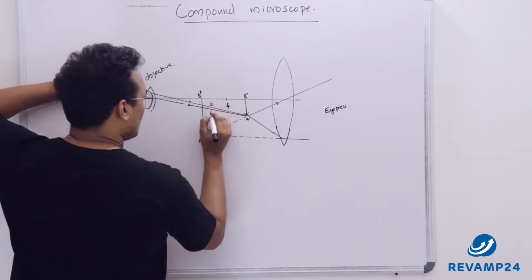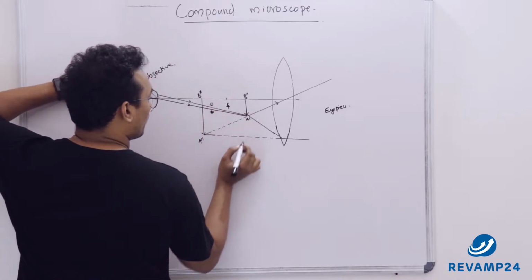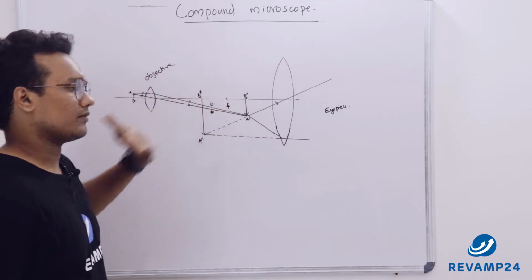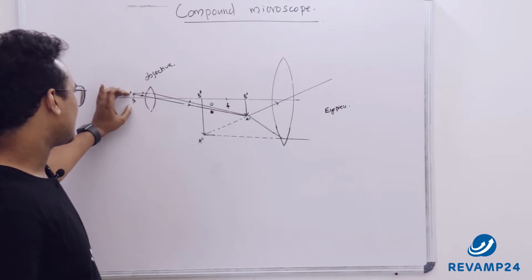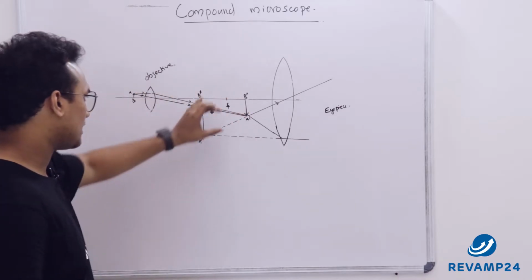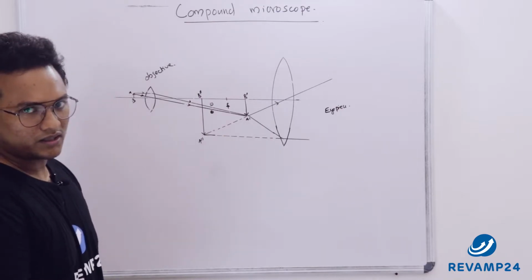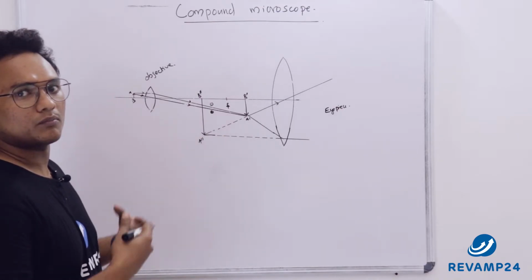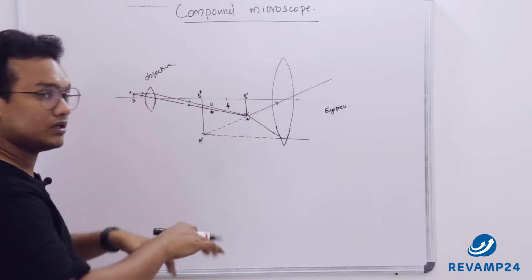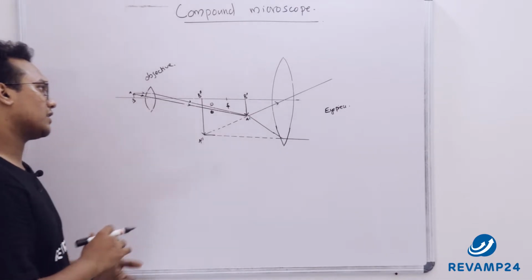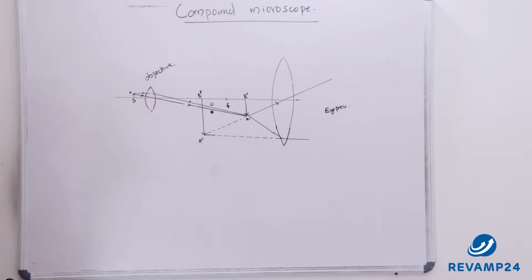So ray 1 and ray 2 intersect at this point, and that would create an enlarged image here. Now this has created an enlarged image here, but this is not highly magnified. Maybe 1 times or 2 times or maybe 10 times, but we need hundreds of times, a larger magnification. So what will I do?